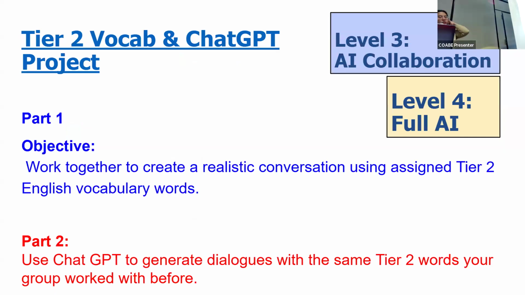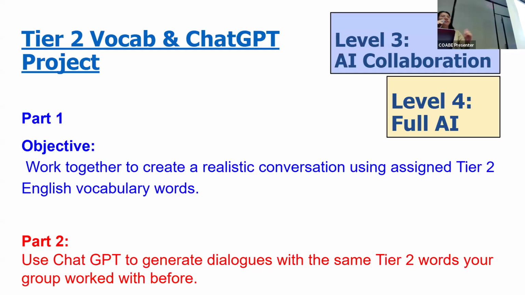Okay, I'm going to share a couple of classroom examples with you. This is from one of our instructors. This is a tier 2 vocabulary and ChatGPT project. First, she had her students create a realistic conversation using the tier 2 vocabulary words that she's given them.